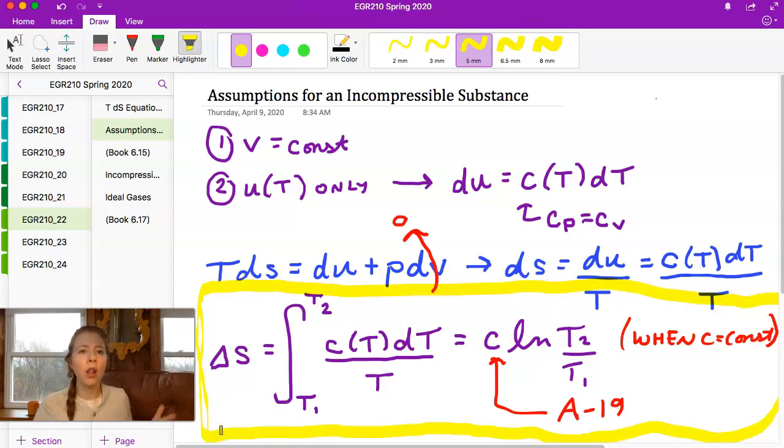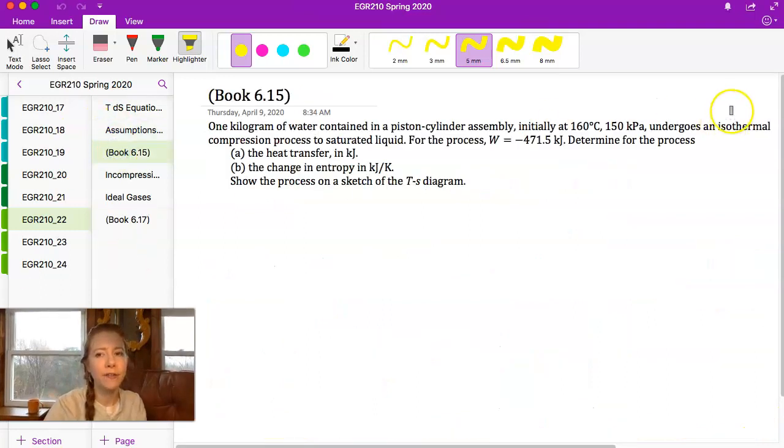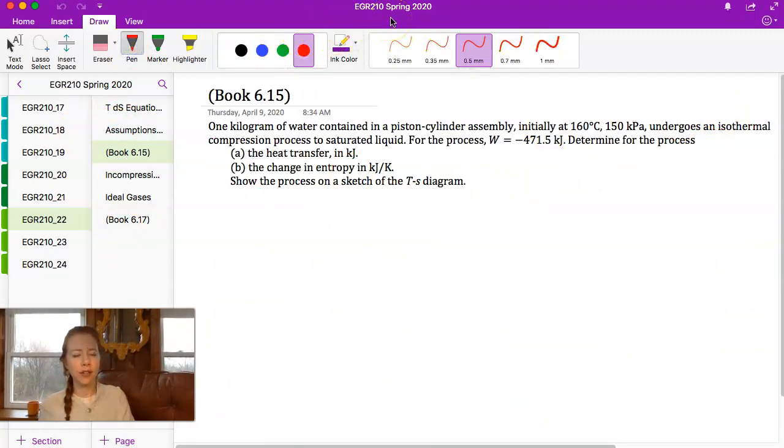Okay, so now let us try an exercise together from the book. This is number 15 in chapter 6. And we have 1 kilogram of water contained in a piston cylinder assembly, initially at 160 degrees Celsius and 150 kilopascals. It undergoes an isothermal compression process to saturated liquid.